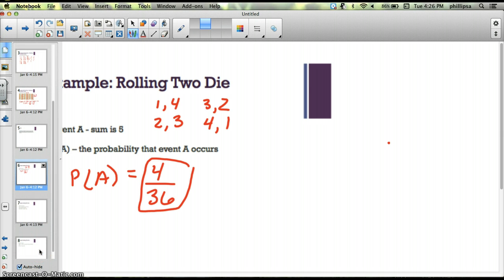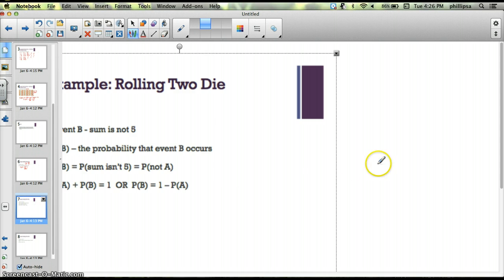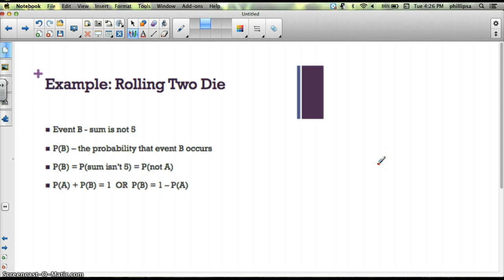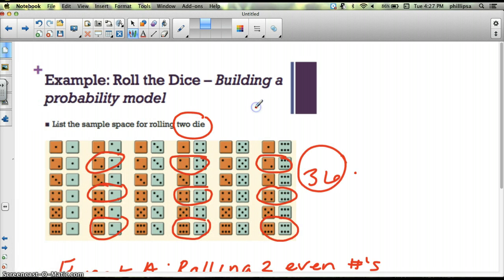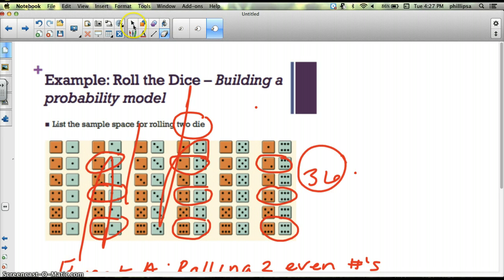So now, if I asked you for the probability of B, where B would be defined as the sum is not 5, well, we could do this the long way, which is list out all the ones that are not 5, or we could always go back to my sample space here.